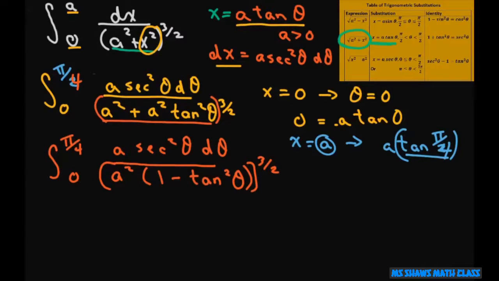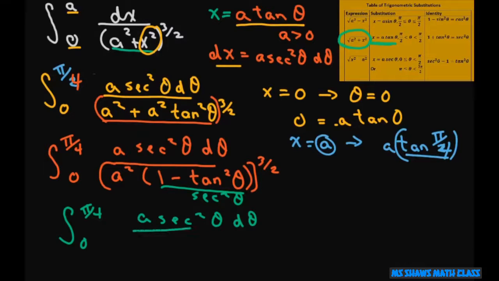All right, now simplifying further, this is secant squared from your Pythagorean identities. So finally you're going to get 0 to pi divided by 4, a secant squared theta d theta divided by a cubed secant cubed of theta. All right.